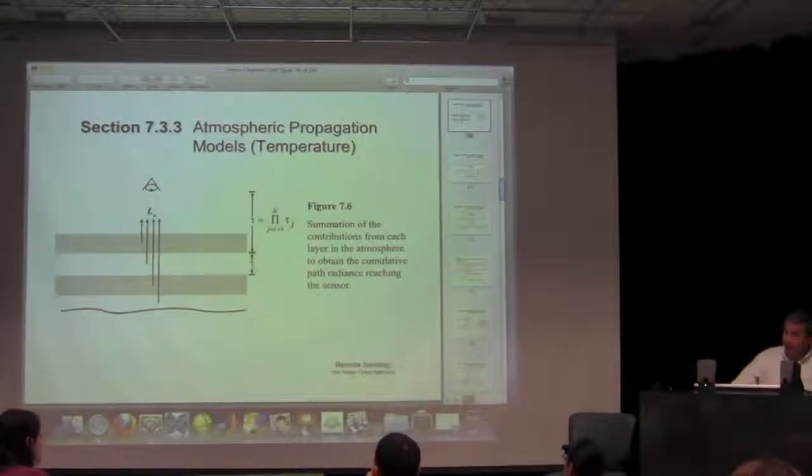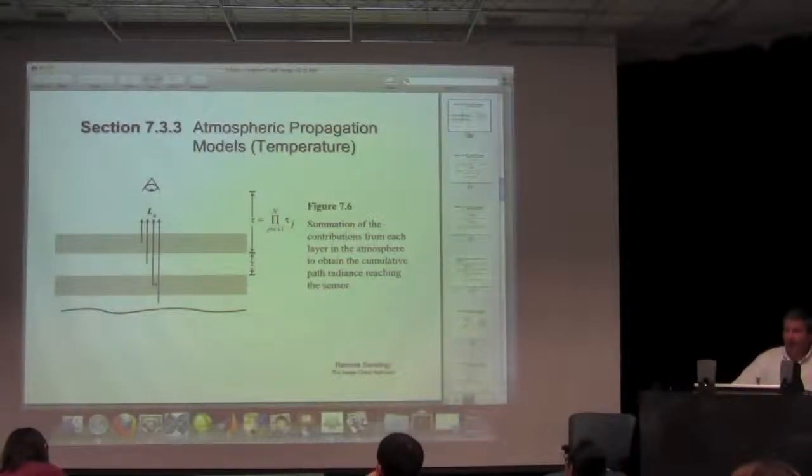So it will go towards the sensor, but it also has to be attenuated by the transmission of the atmosphere that remains above. So this would be L_U from the topmost layer. This would be L_U from the second to the topmost layer times the transmission of the topmost layer.